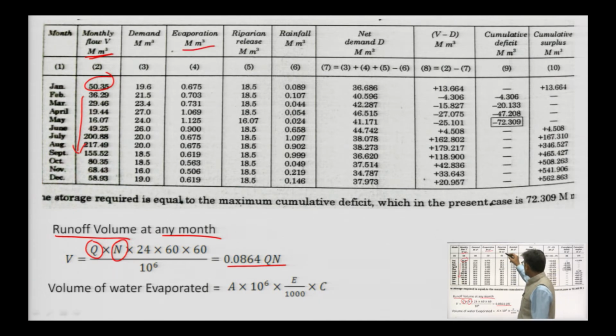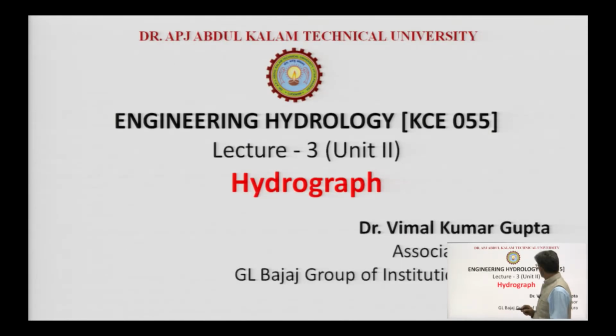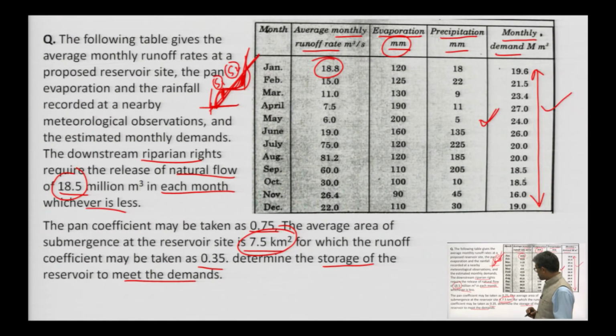Release is 18.5 million cubic meters in each month, which has to be released, and for May it is 16.07.